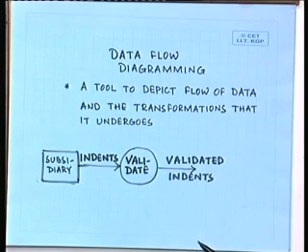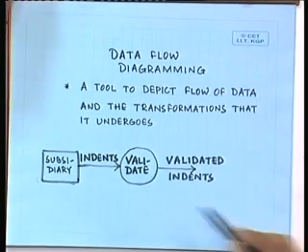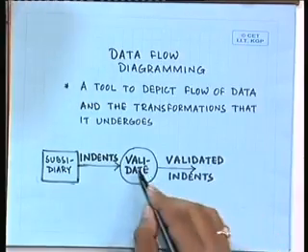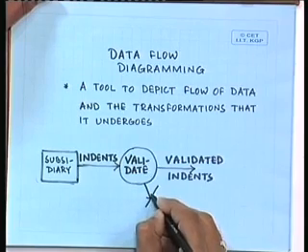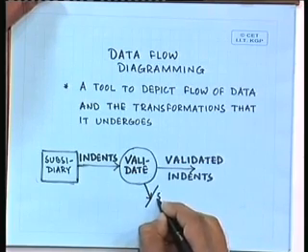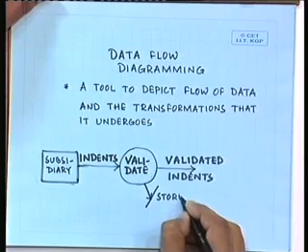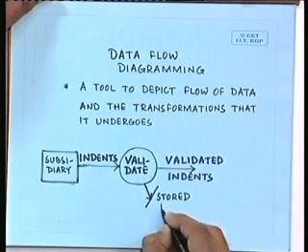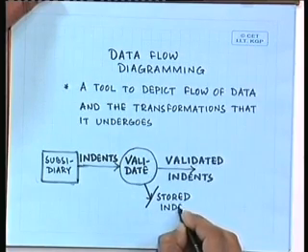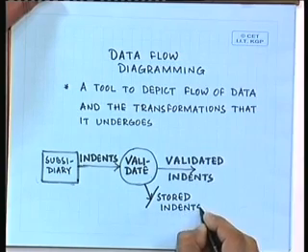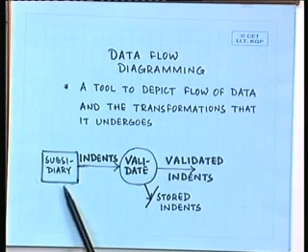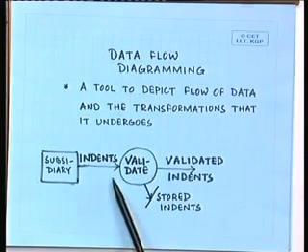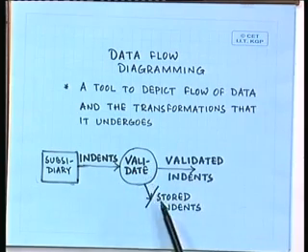Now, there is a fourth thing, in fact. That fourth thing is let us say when the indents are coming, we are also storing them somewhere. So, these are stored indents. So, we can see here that we have some indents coming, the validation process transforms the indents to validated indents and also it puts it in a store, right.